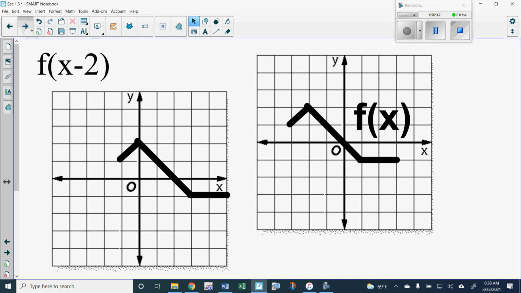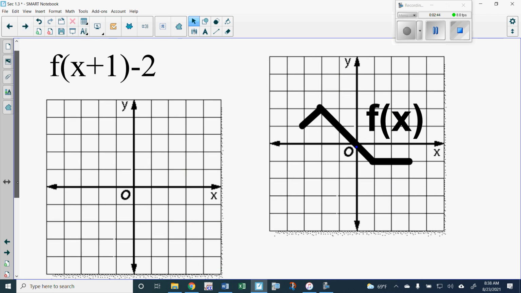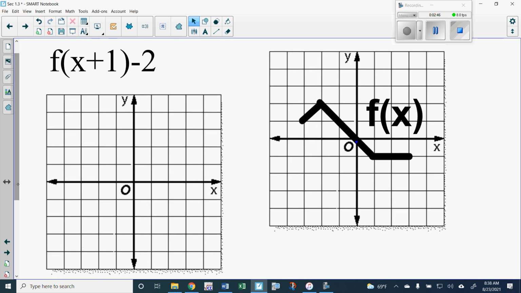What about f of x plus 1 minus 2? It's going to be to the left 1, and now it's going down 2.